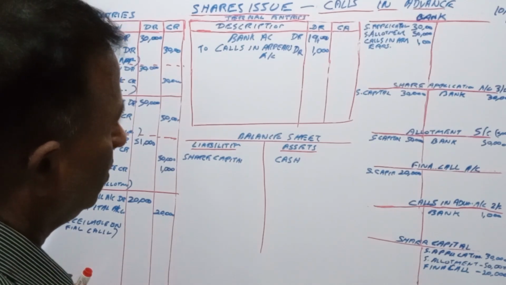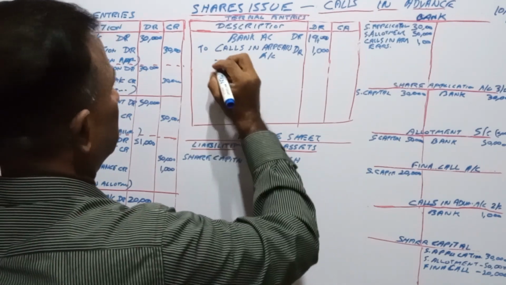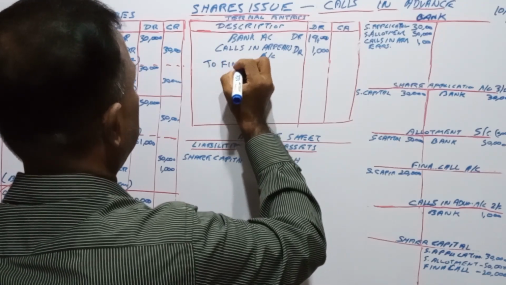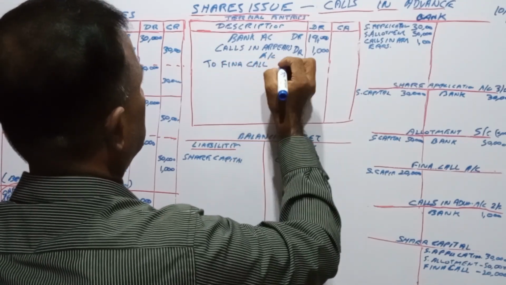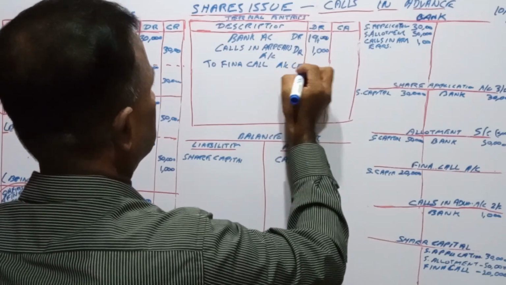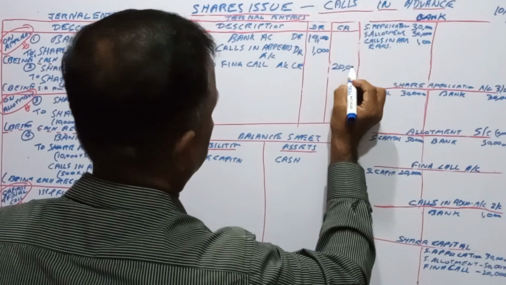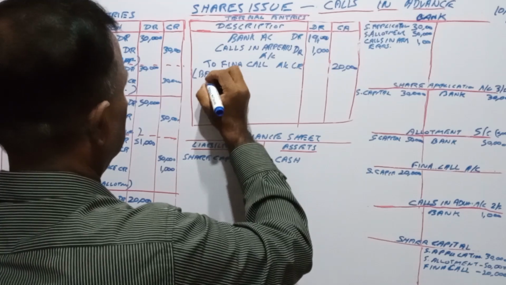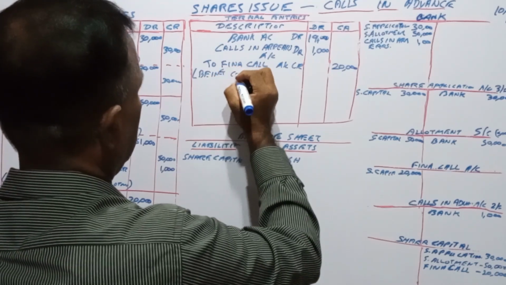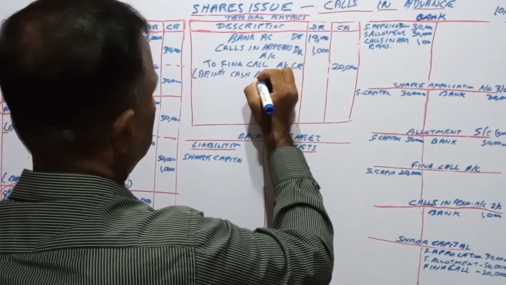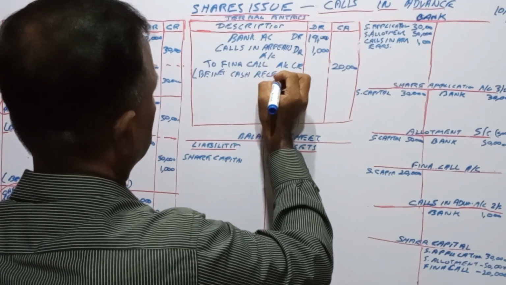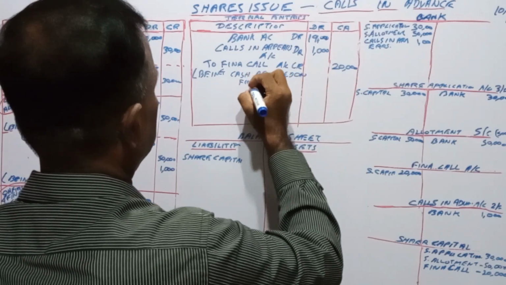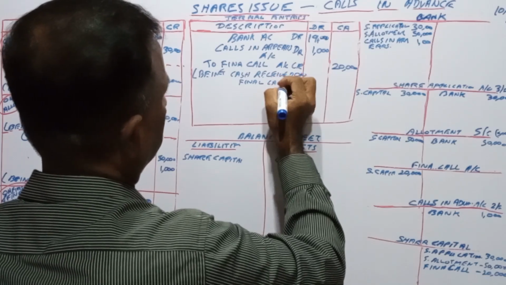And final call account creditor, that is 20,000. Being cash received on final call, right?